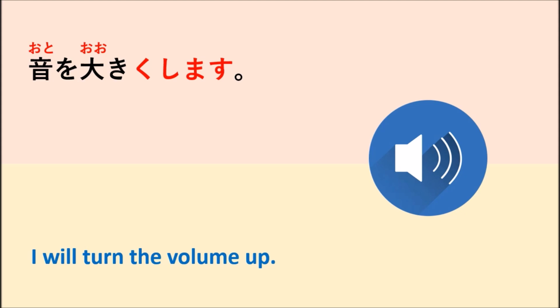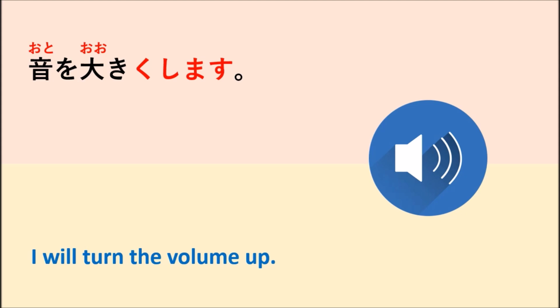But in this case, we use it with shimasu. When you use an adjective with shimasu, you should cut out the i and put ku shimasu. As you see here, okiku shimasu means that you will turn the volume up and you get louder. So in a case like this, you can use okiku shimasu.